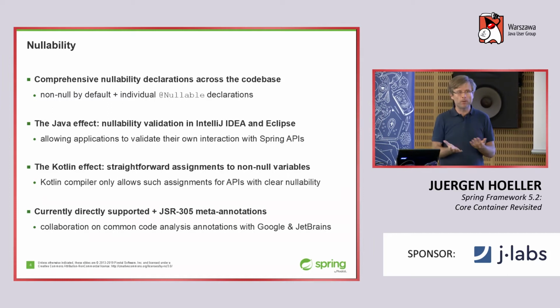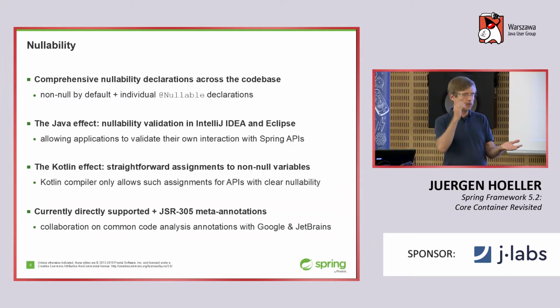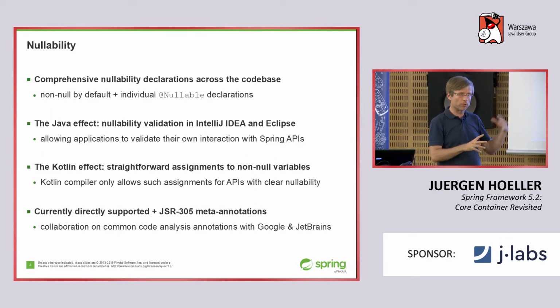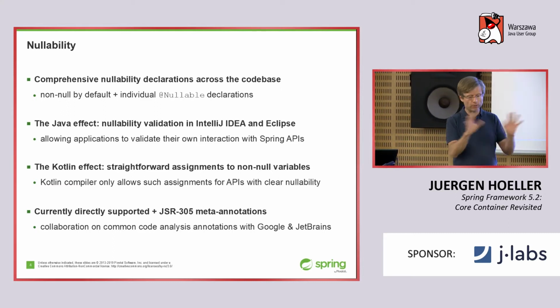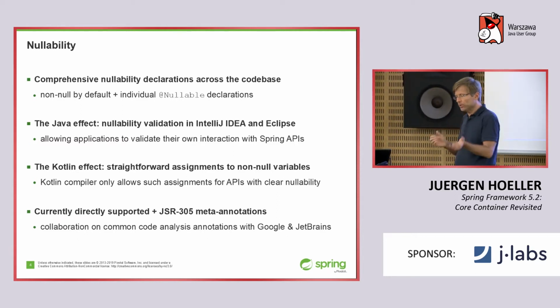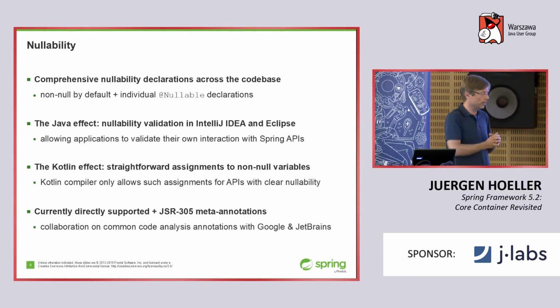To be more specific, we have a non-null by default convention that we're declaring on our packages. So for any tools that are able to validate those assumptions and those declarations, there's a non-null by default convention. So without any further declaration in the source code or in the Javadoc, there's a non-null assumption, so the argument has to be non-null and the return value will always be non-null.